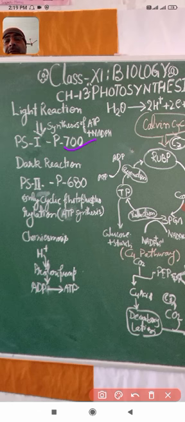So you are looking here at P700, and photosystem 2 is able to absorb light ranging from a spectrum of 680 nanometer. In fact, this PS2 is present in the lamella as well as in the stroma, and it is able to perform the absorption of light.